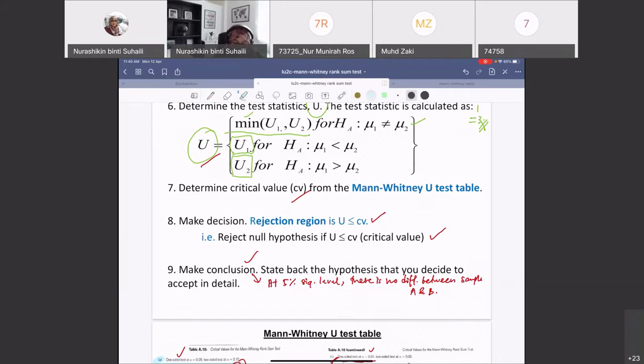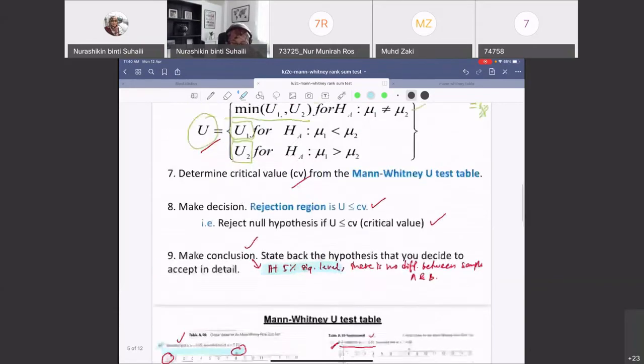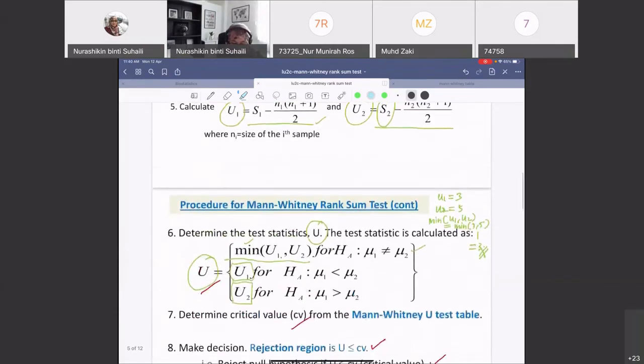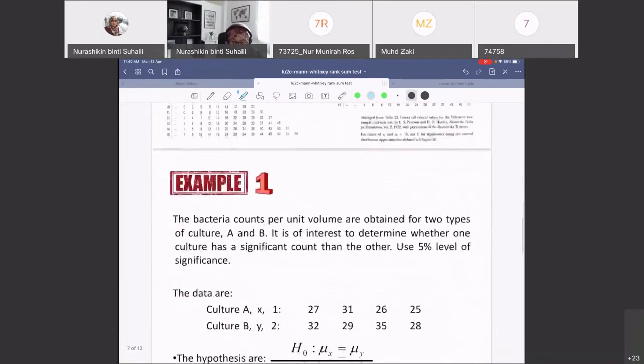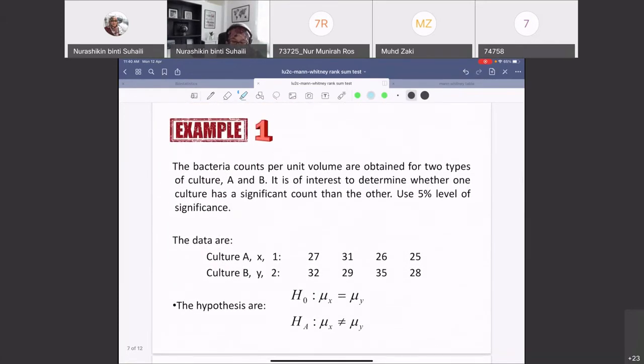You must make sure that you mention the significance level, because it is the basis of your comparison: it's based on the assumption that alpha is 5%, the error is 5%. Those are all the steps for the Mann-Whitney rank sum test, so you should know how to apply it. Let's have a look at one example over here.